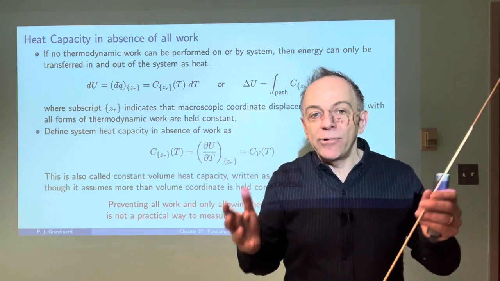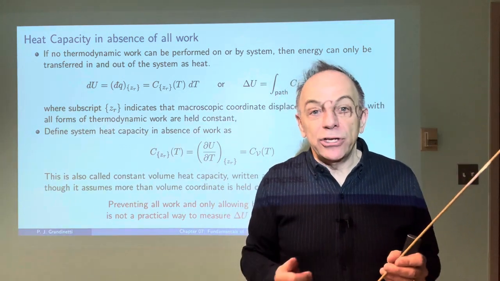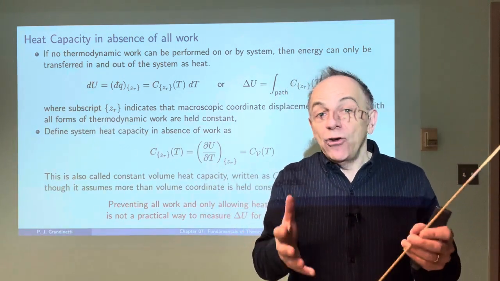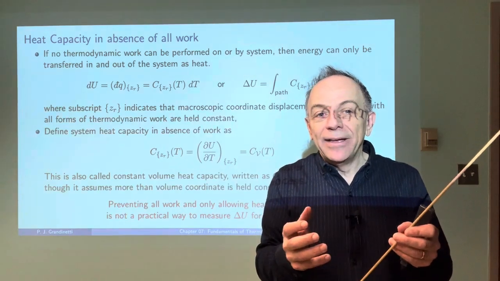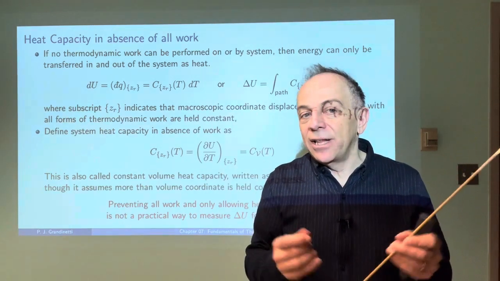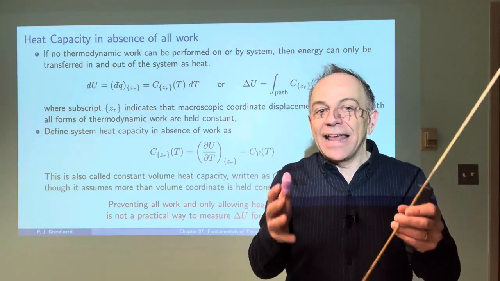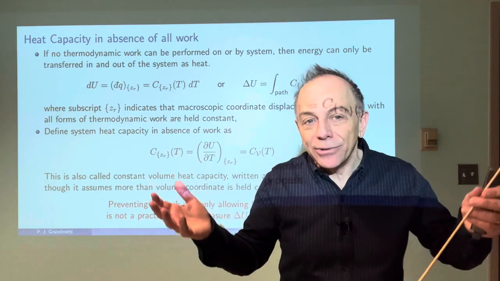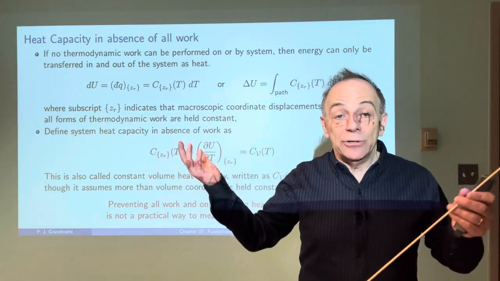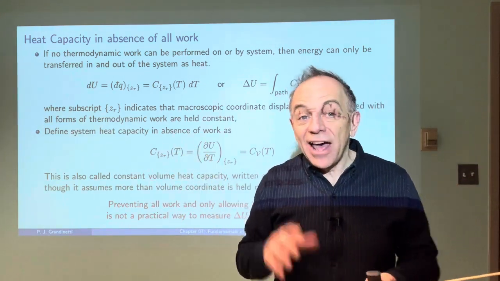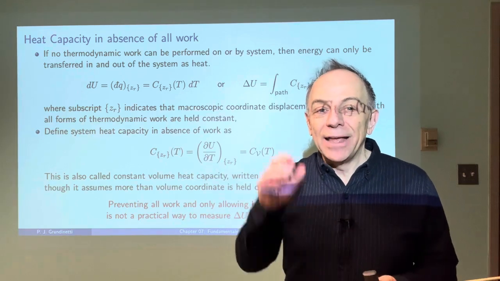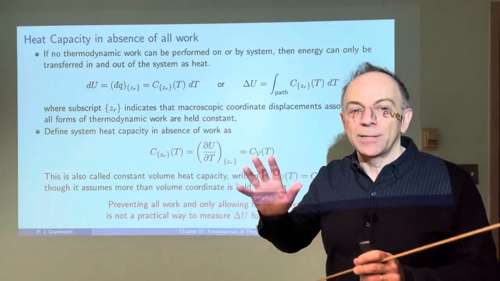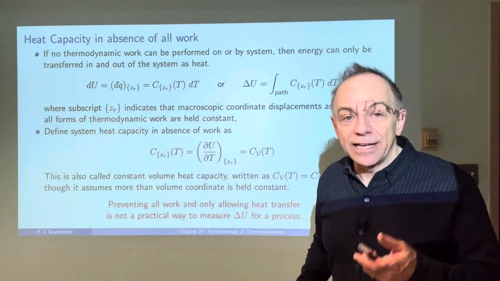It's called a bomb reaction vessel. Probably use the word bomb for the reason that if you have too much energy in that reaction and the pressure increases to the point that the walls can't sustain that constant volume, then it explodes. And you might have damage to the lab or injuries to the people working around it. So it's not an easy experiment to do these kind of no work experiments, what we call constant volume experiments.